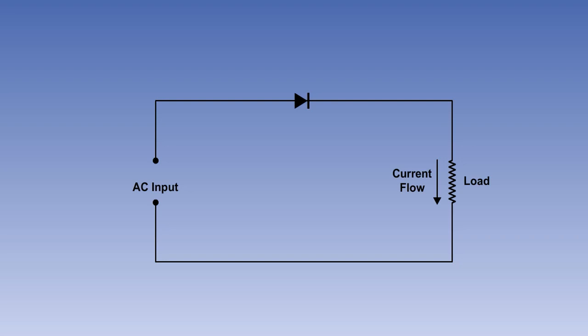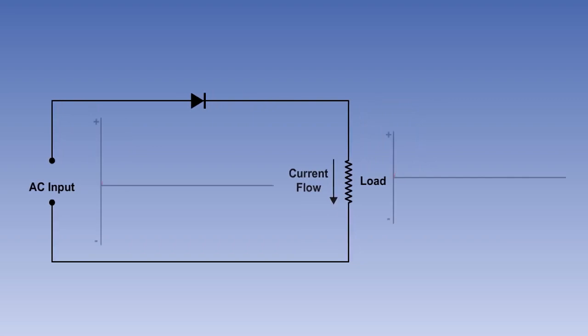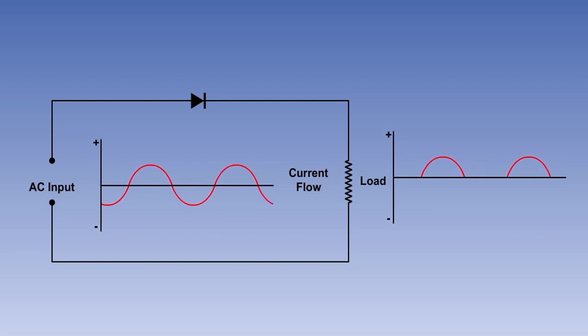This is termed half-wave rectification. Current will flow through the load in one half cycle, but in the other half cycle, when the polarity of the voltage is reversed, the flow of current will be blocked. This method of rectification will therefore produce pulses of DC in the secondary circuit, with gaps between the pulses.